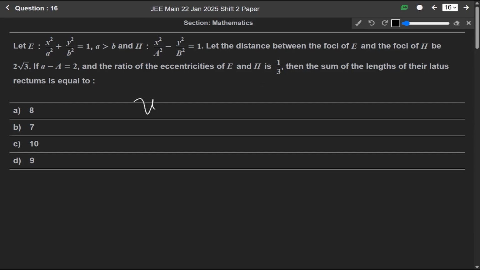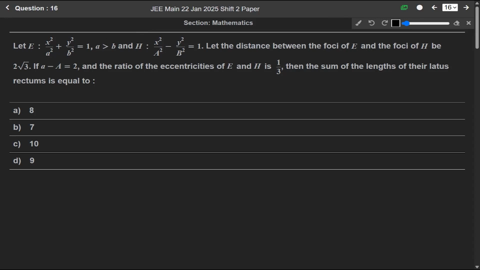Okay. So let the distance between the foci of ellipse and the foci of hyperbola be 2 root 3. If a minus A is equal to 2 and the ratio of the eccentricities of E and H is 1 by 3, then the sum of the lengths of their latus rectum is equal to.